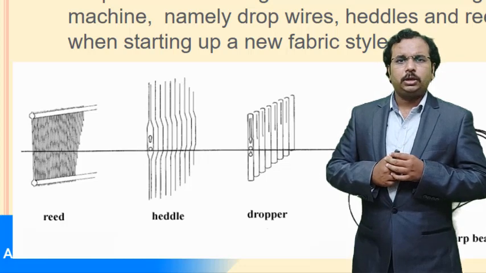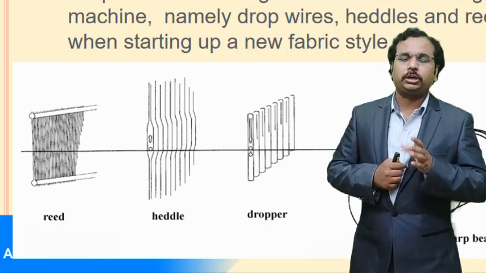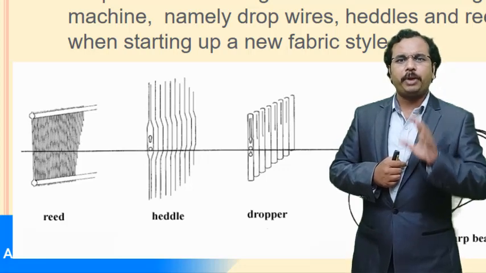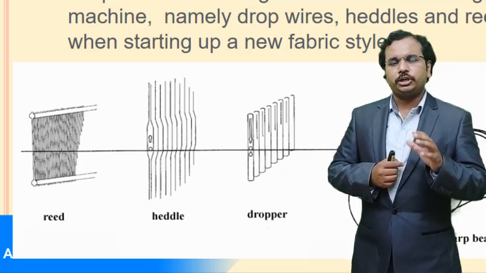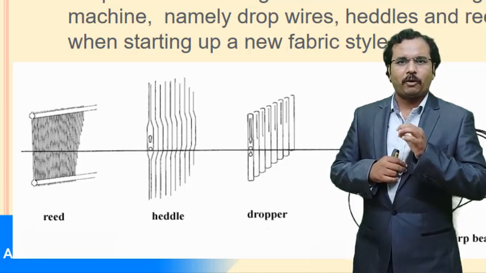There is a mechanism called the warp stop motion. Whenever a warp end breaks, the weaving machine is stopped and it gives an indication that there is a warp break.